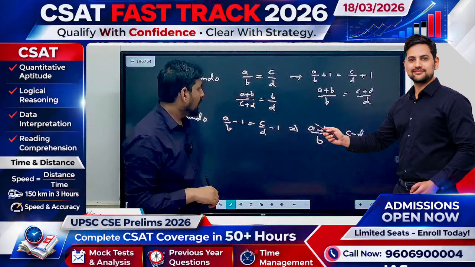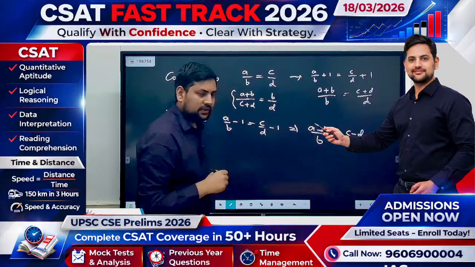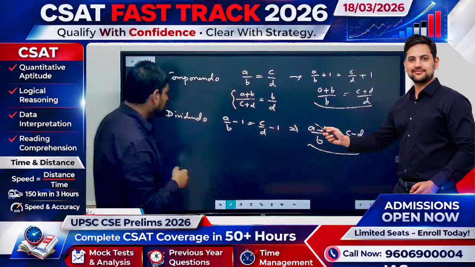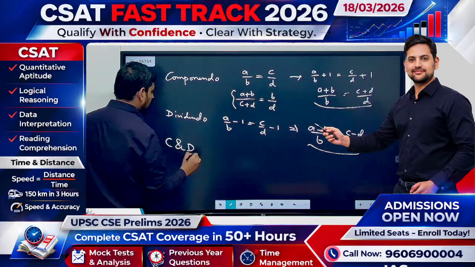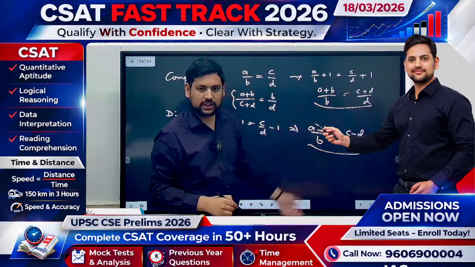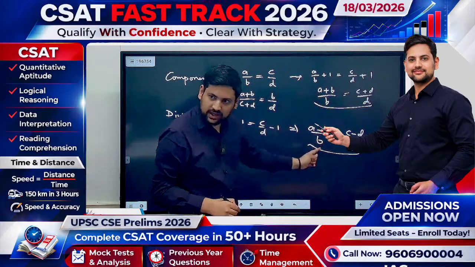Now, see, this form is not that useful. What is most useful is this, and eventually you get to something called componendo and dividendo. And that is, you divide these two equations.